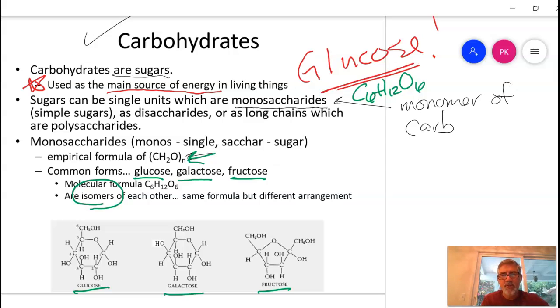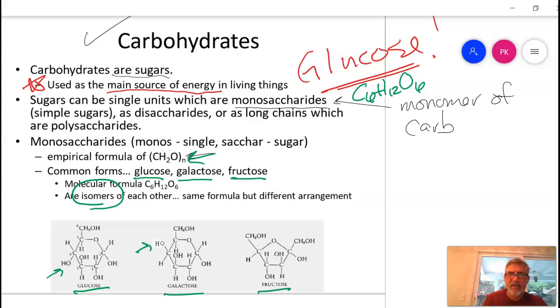The glucose and the galactose look really similar, but the difference is where this group is placed. Just a small little change, and we can make those changes in your liver. If you had galactose, it gets sent to your liver, and the liver would just flip that bond around, and the galactose would become glucose. Same thing with the fructose, but you have a little more changes that have to happen.